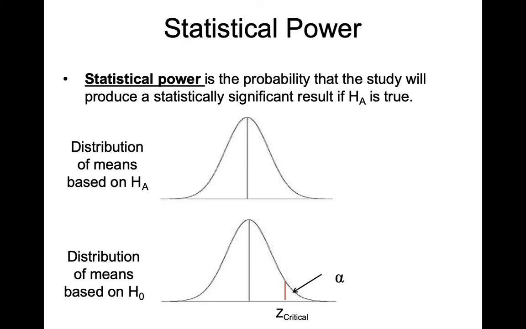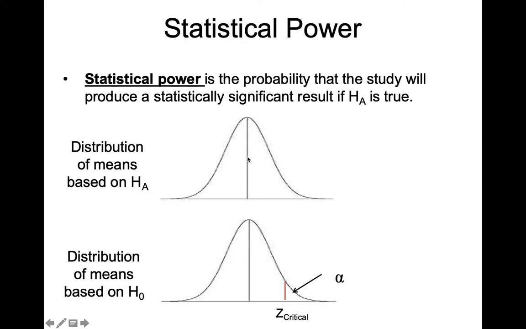So let's think about a distribution of means based on the alternative hypothesis. Now, if the null hypothesis is correct, there would be no difference between a distribution of means based on the null hypothesis and a distribution of means based on an alternative hypothesis.